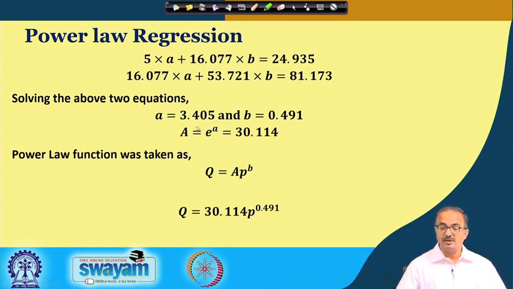Now, the capital A in the original expression is the exponential of the small a which we have found, and this is coming out like this. So, Q is equal to this A value times P to the power b, that is 0.491.